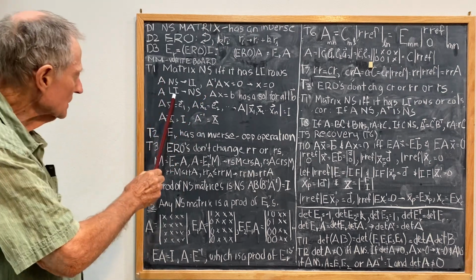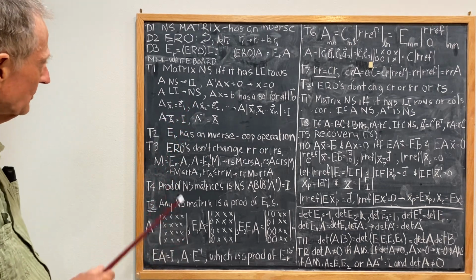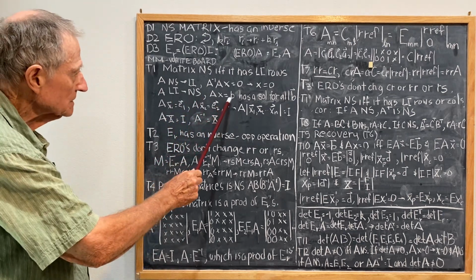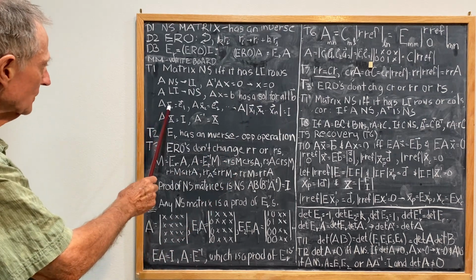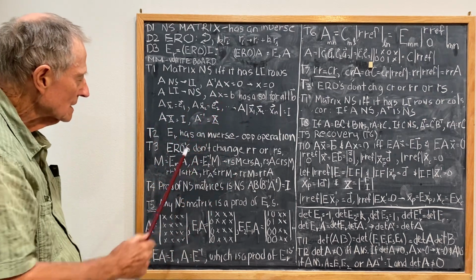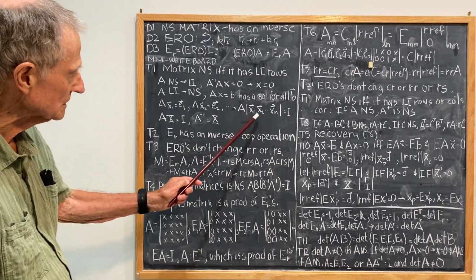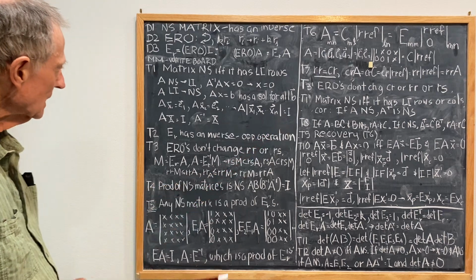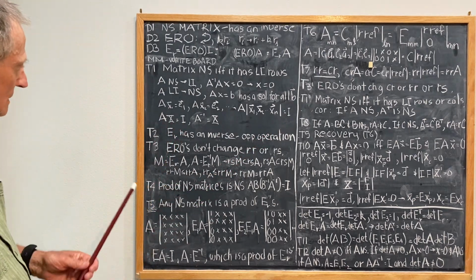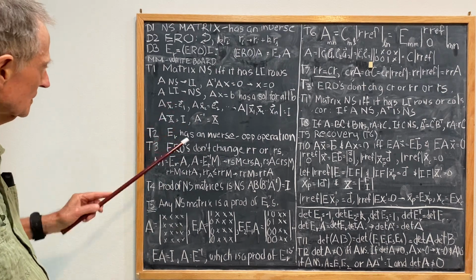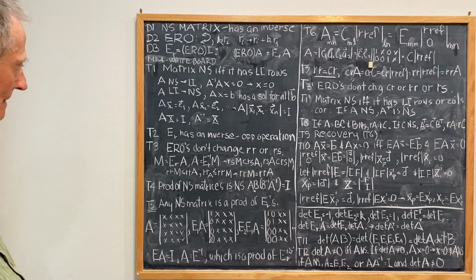If A is linearly independent, AX equals B has a solution for all B. In particular, it has a solution for x1 equal e1, x2 equal e2, which I can write in one equation as A times the matrix x1, x2, ..., xn is equal to I, or AX is equal to I, and therefore A is non-singular because it has the inverse X equal to A to the minus 1.